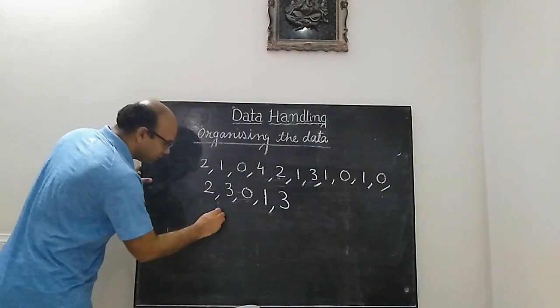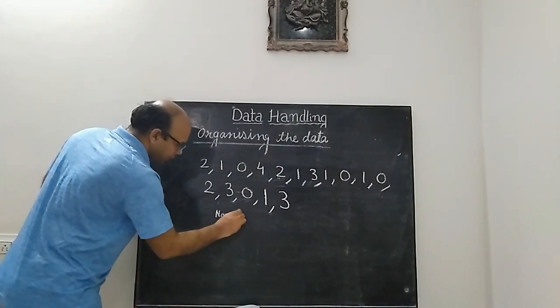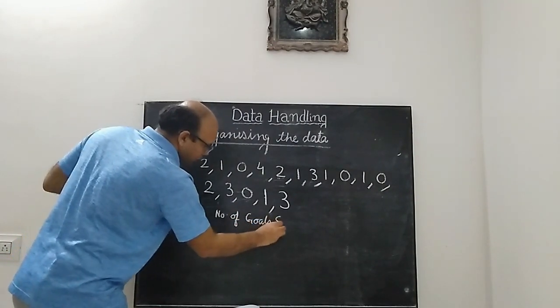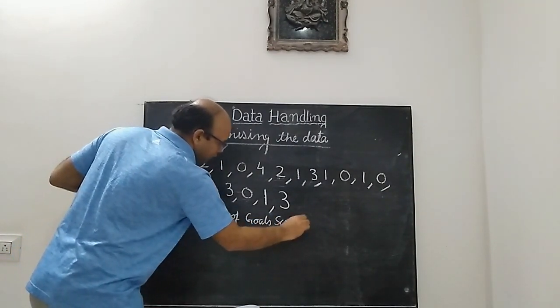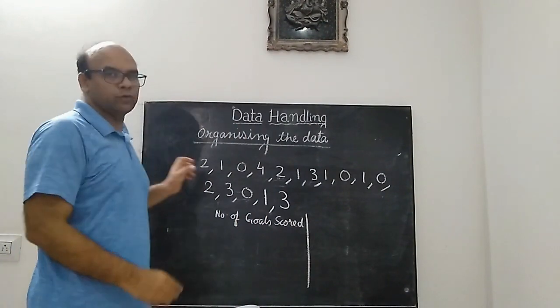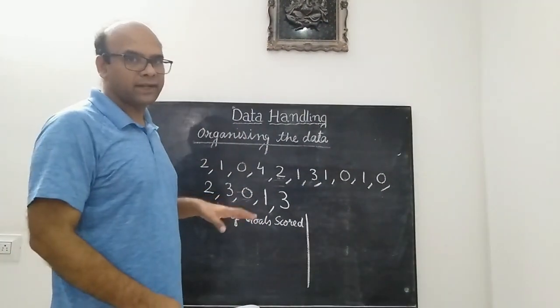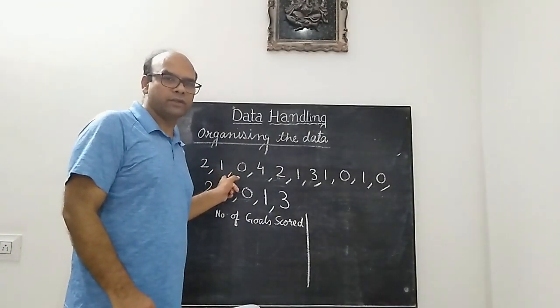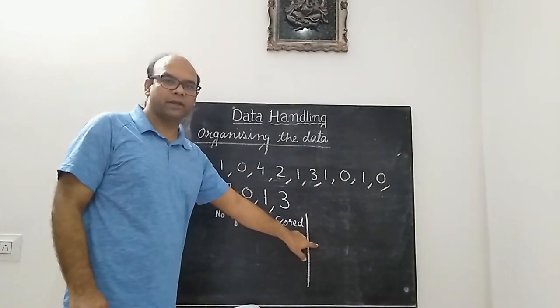So we can prepare a table of the number of goals scored. Now what we do is make use of tally marks. What are tally marks? Corresponding to every entry, we make a corresponding mark.